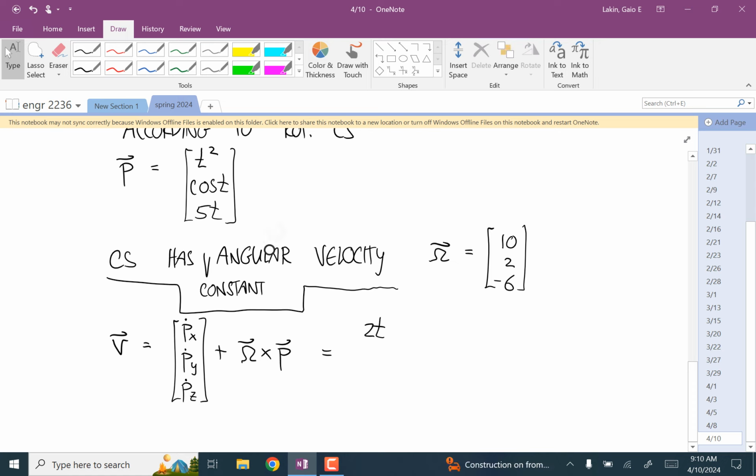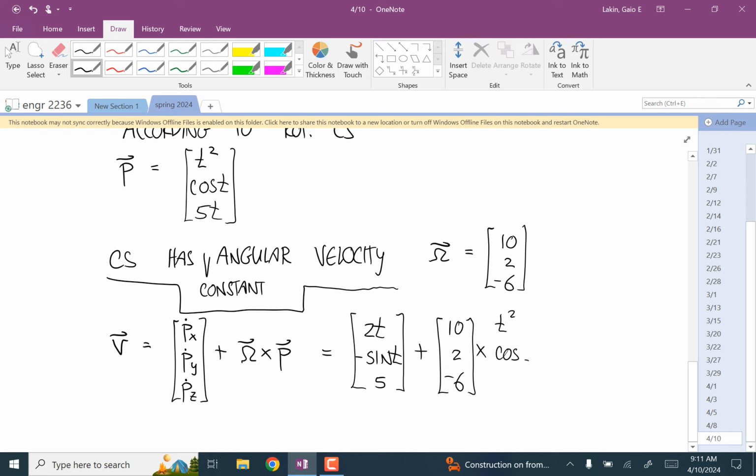2t, negative sine t, 5, plus 10 to the negative 6 crossed with the position vector. Now all you have to do is do that cross product and add those up, and that gives you the velocity in the inertial coordinate system using that rotating coordinate system.